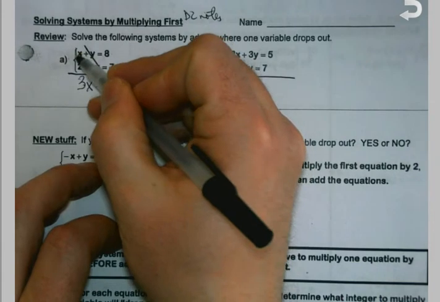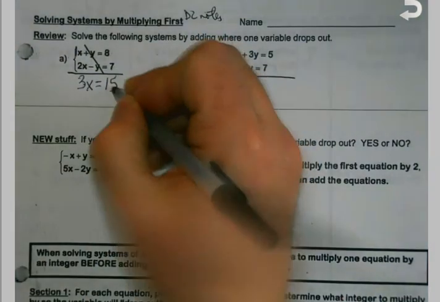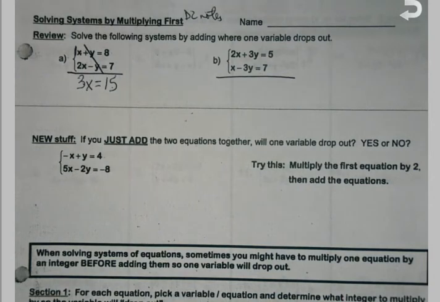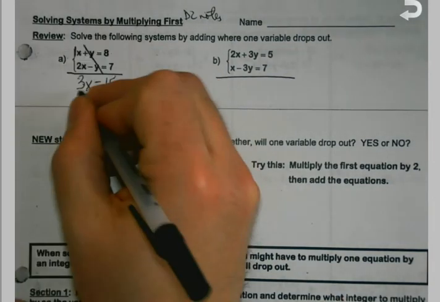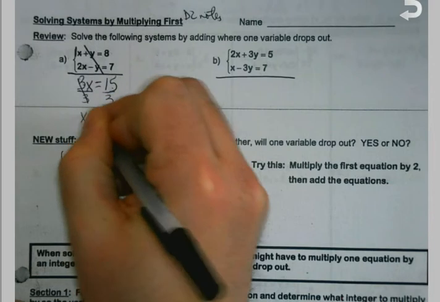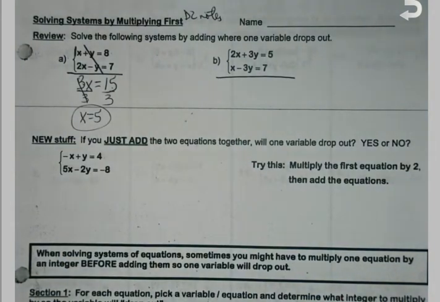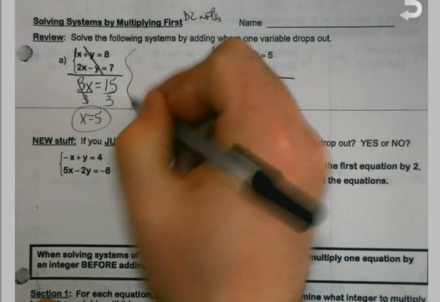So 1x and 2x gets me 3x. 8 plus 7 is 15, and all of a sudden I'm down to one variable. Very nice. I can just divide by 3, and I've already got my x value just that quick. Now I still need to find y, but at least that part was kind of nice for me.